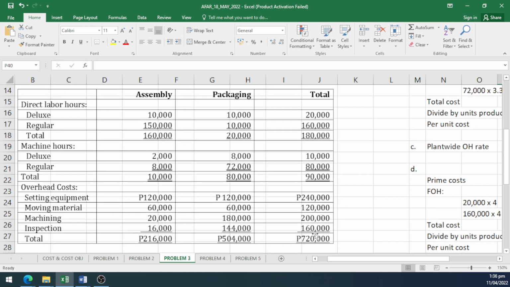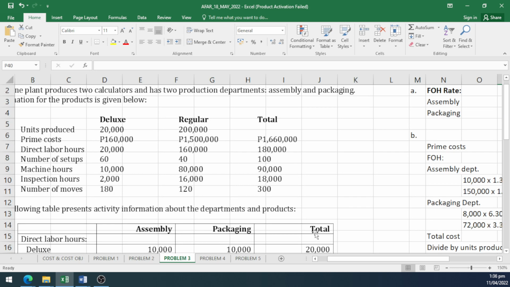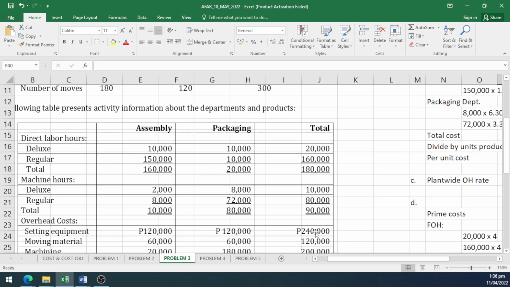So, mapapansin ninyo, ladies and gentlemen, dalawa ang department dyan. Assembly department and then packaging department. And narito po yung budget. DLRs, there are two products, deluxe product and then regular product.